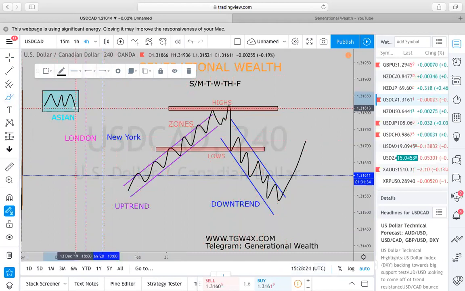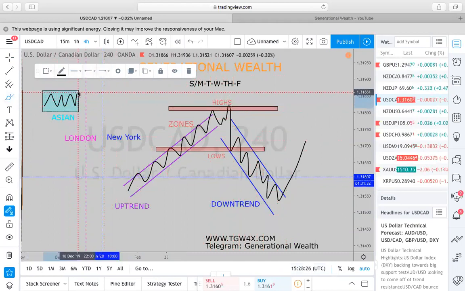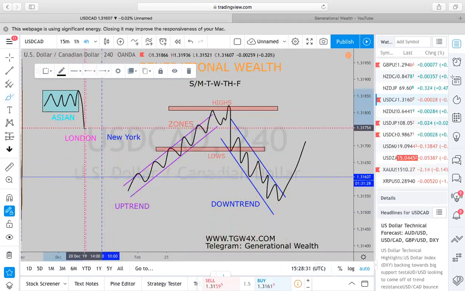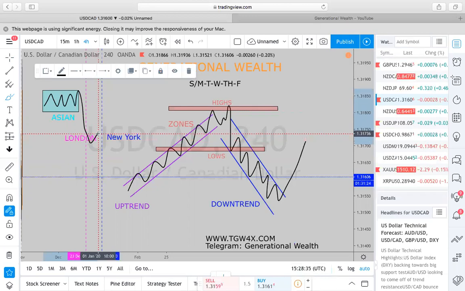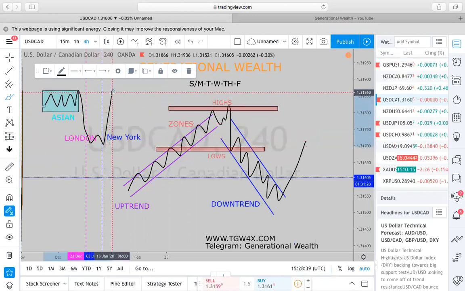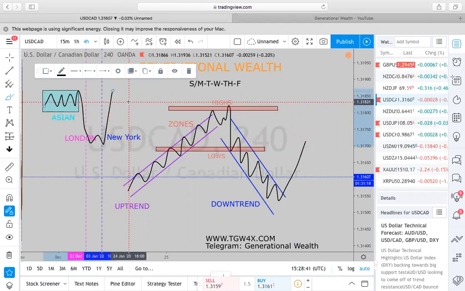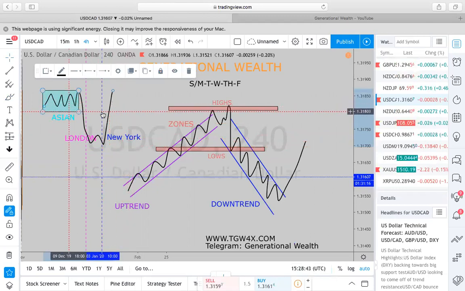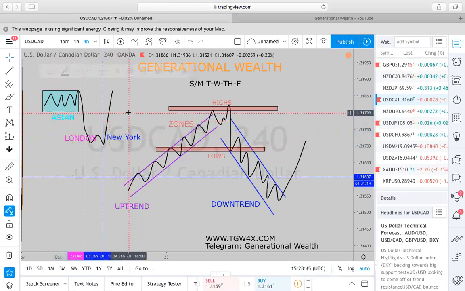It's not making a move. Once it gets to the London session, it finally breaks out of that Asian consolidation. And reversal comes in New York. That's exactly how it looks. Simple as that. You need to identify the Asian, London, and New York sessions.